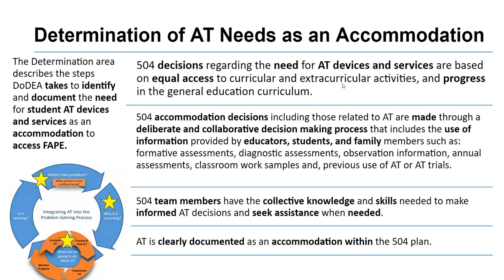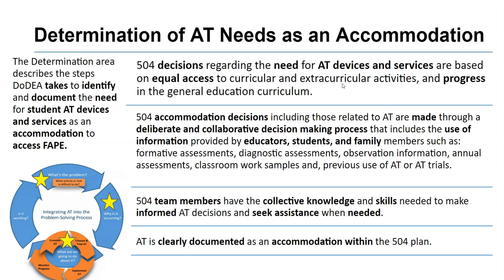How do we come up with the idea that the student is struggling, or if we are trialing different assistive technologies, what data points do we look at? We want to sit down as a team and look at many different data points from your general ed teachers, the student, and the family. There's a lot of formative assessment data with the DCAS, and summative assessment, plus classroom assessments, assignments, and observations.